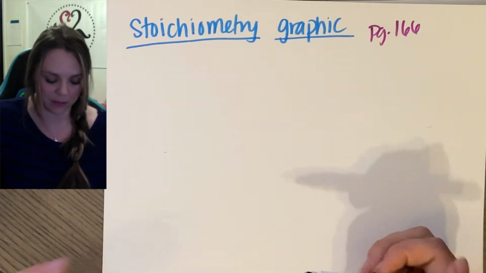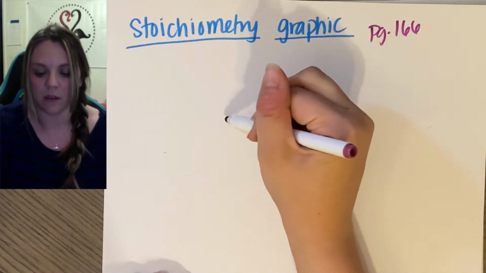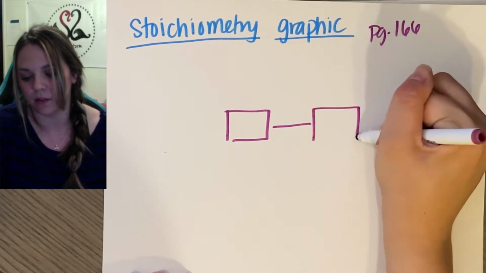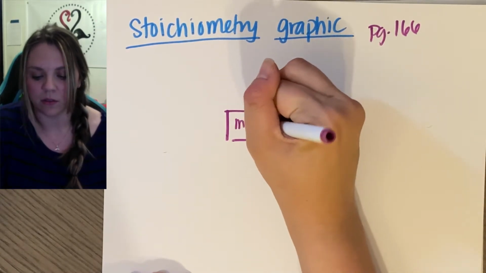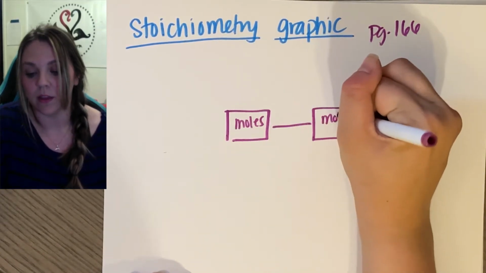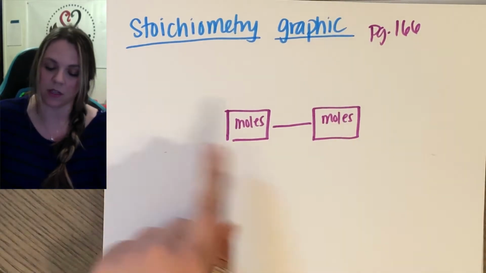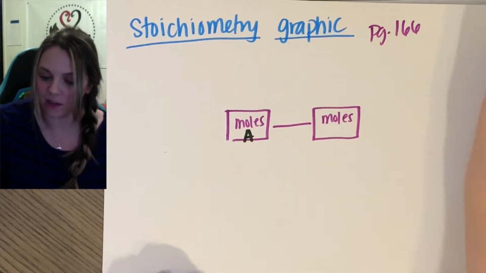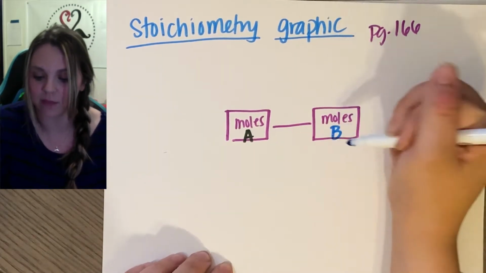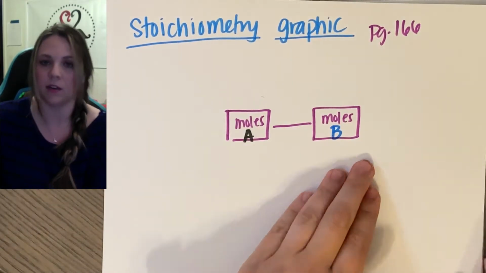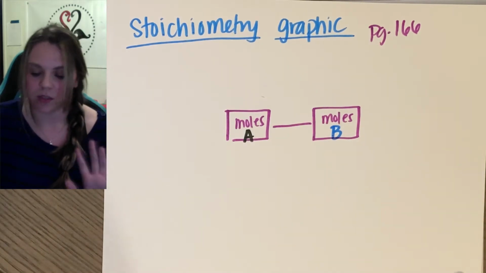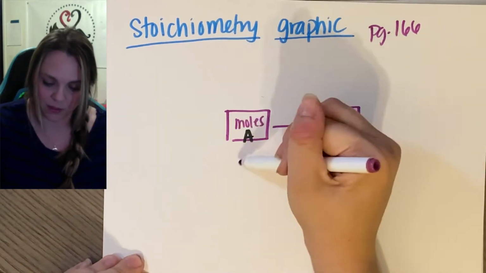So it's basically this branched out thing where you have moles in the middle. So you're having a conversion from moles of substance A to moles of substance B in any kind of hypothetical equation. You can see why I don't like it already. But here we go.